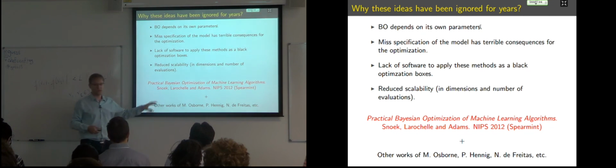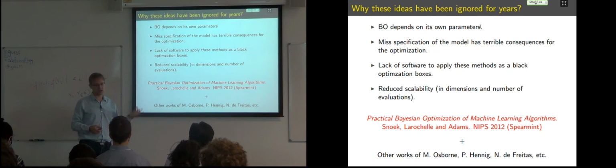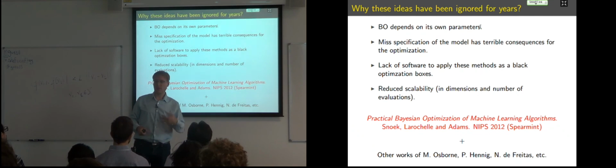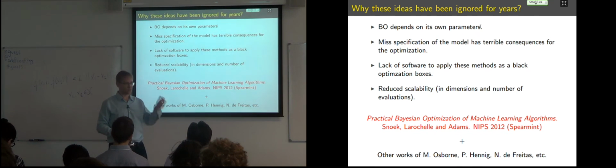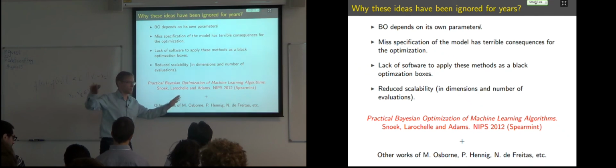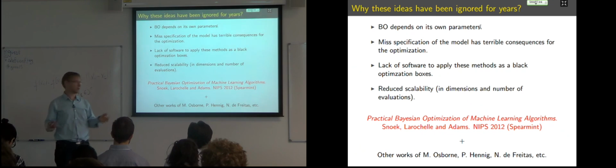So in 2012, the group of Ryan Adams and Jasper Snoek wrote this paper, in which they said, well, let's use Bayesian optimization to tune parameters of machine learning algorithms, right? Now, some people in the community started to have a look in more detail at what you can do with Bayesian optimization.